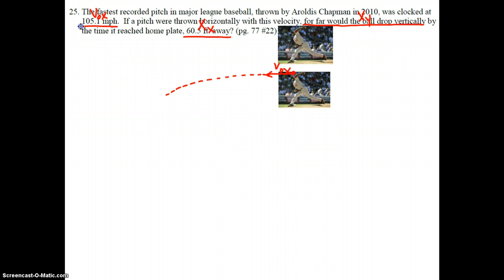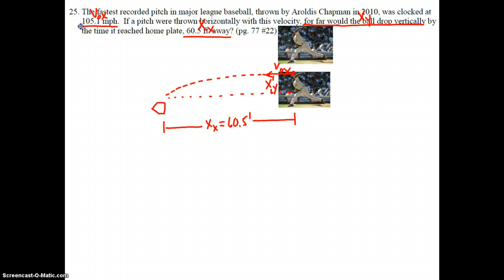Let's suppose home plate is right there. The distance from here to home plate, the XX value, is 60.5 feet. And they want to know, if we draw a horizontal line across, how far did the ball drop, which is its XY value, its vertical displacement.